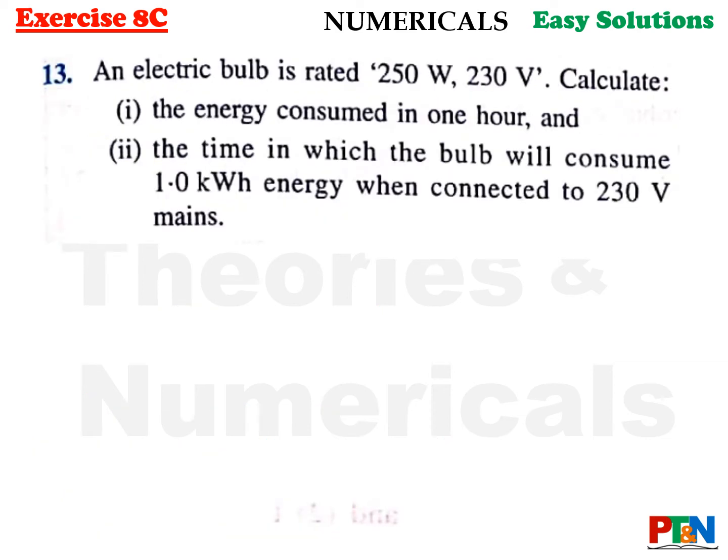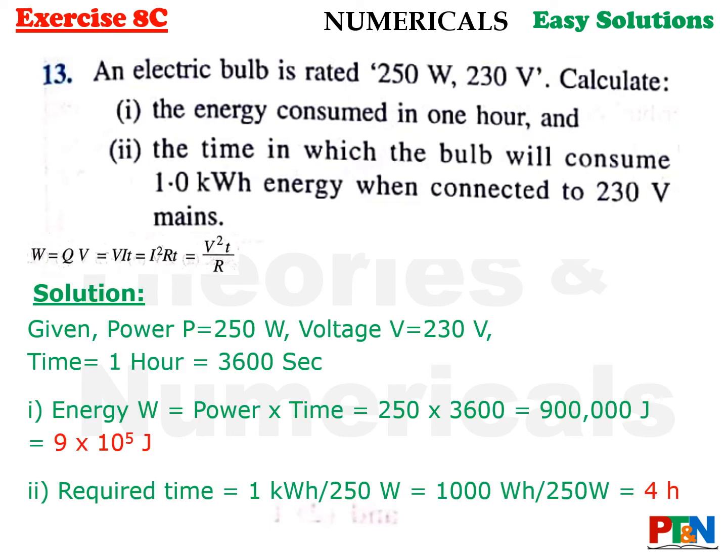Next one. An electric bulb is rated 250 watt 230 volt. Calculate the energy consumed in 1 hour and the time in which the bulb will consume this much of energy when connected to 230 volt mains. This is the answer.